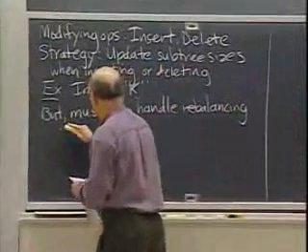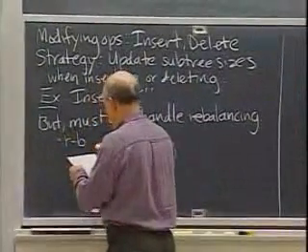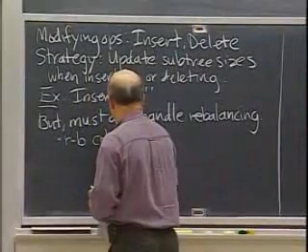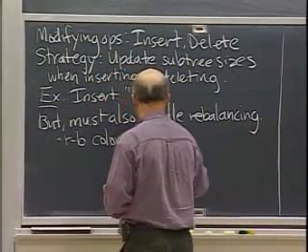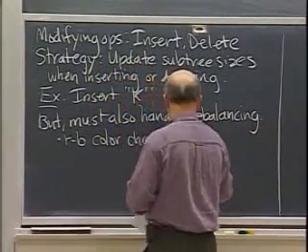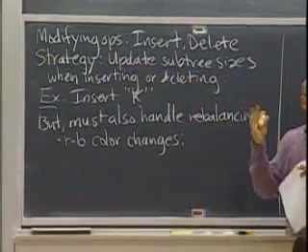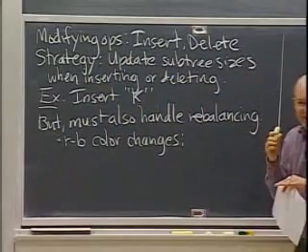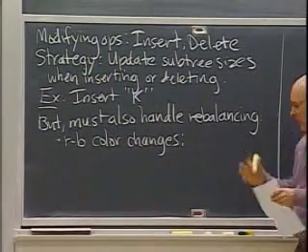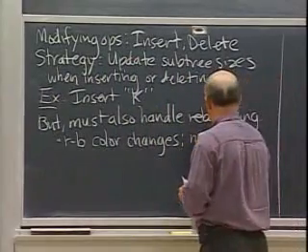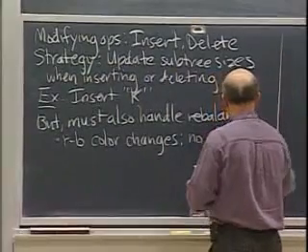So there are two types of things we have to worry about. One is red-black color changes. Well, fortunately, those have no effect on subtree sizes. If I change the colors of things, no problem.